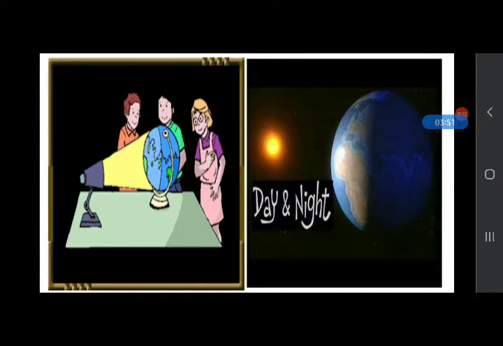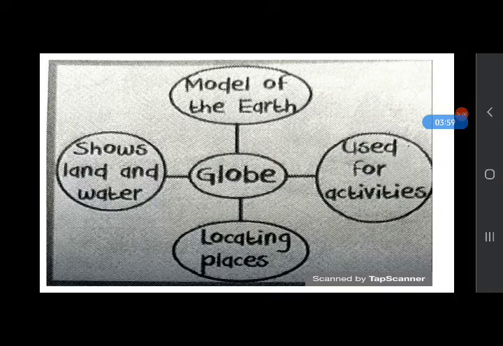So therefore we can see with the help of a globe how the earth's rotation causes day and night. So a globe is a model of the earth, shows land and water on the earth, helps us in locating places, and is used for activities like knowing the movements of the earth.